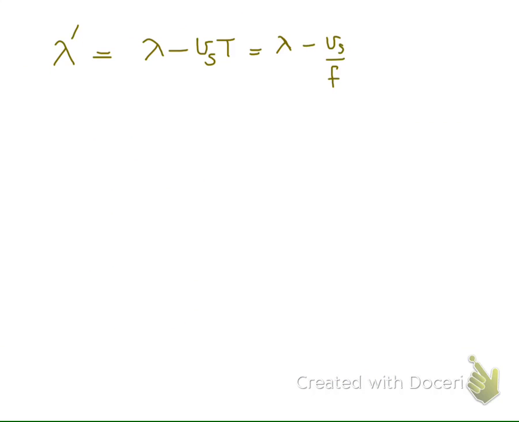So the velocity of the sound wave that observer A sees is equal to the velocity for the stationary source, but for observer A it must equal f prime lambda prime.